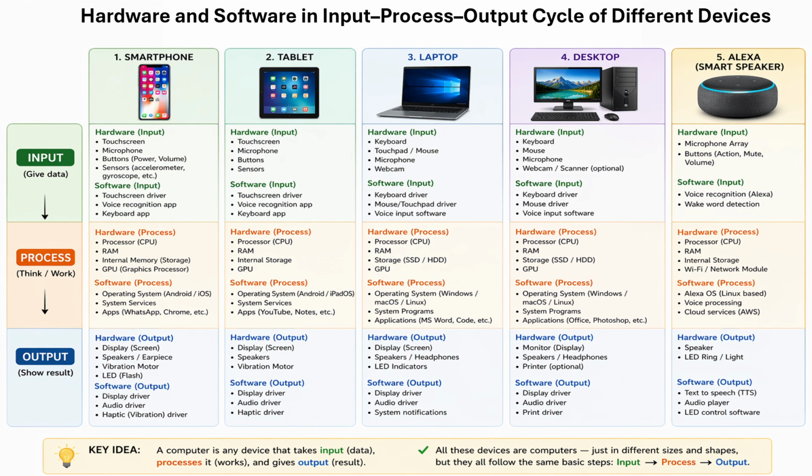And for Alexa, the software would be text to speech. Later we'll have sessions on NLP, natural language processing, wherein we'll dive deeper and understand how text to speech or speech to text conversion takes place. Okay, that again would be a different session altogether.